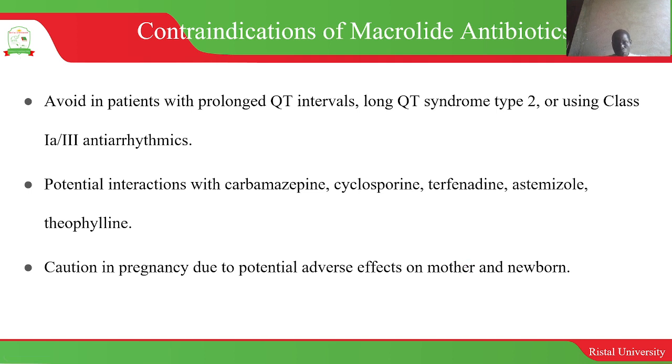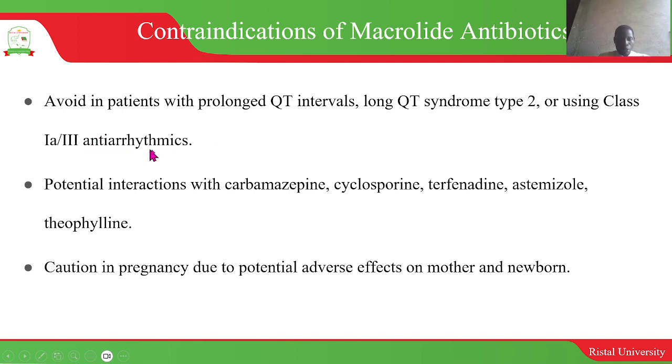Contraindications of macrolide antibiotics. We need to avoid this medication in patients with prolonged QT interval. The QT interval is an interval in cardiac function; when we measure cardiac function using the ECG, the electrocardiogram, there is what we call the QT interval. So avoid it in those with long QT syndrome, and also those using class 1A or 3 antiarrhythmics.